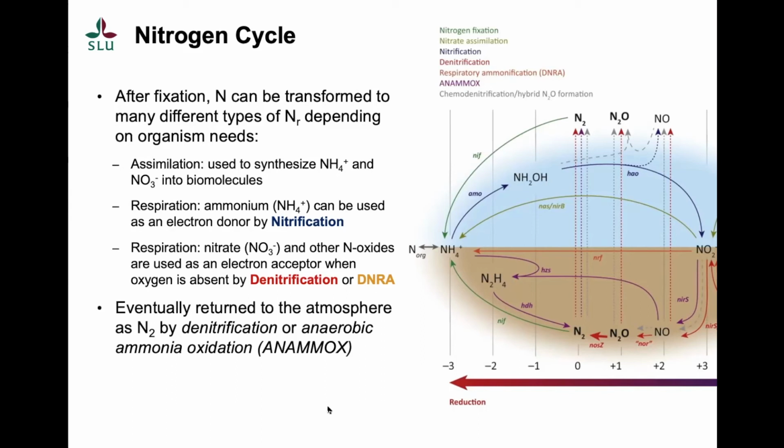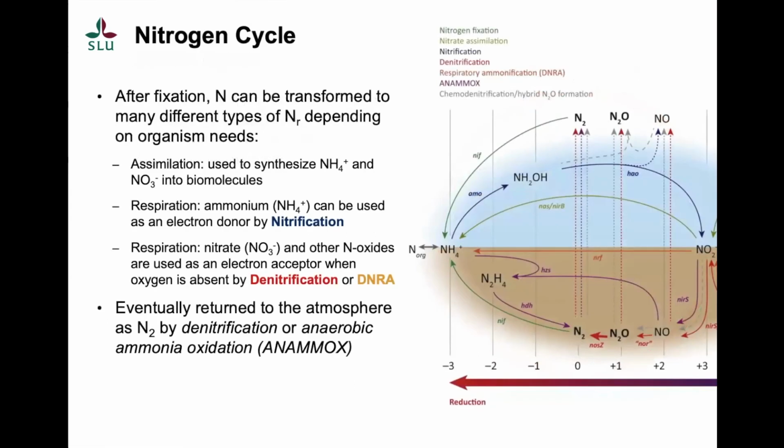But the idea is that eventually, after you cycle through these different forms of nitrogen, it does get returned back into the atmosphere in a couple different forms. It can be converted back to nitrogen gas through denitrification, or another process called anaerobic ammonia oxidation, which is a very interesting pathway, but not enough time to get into it.